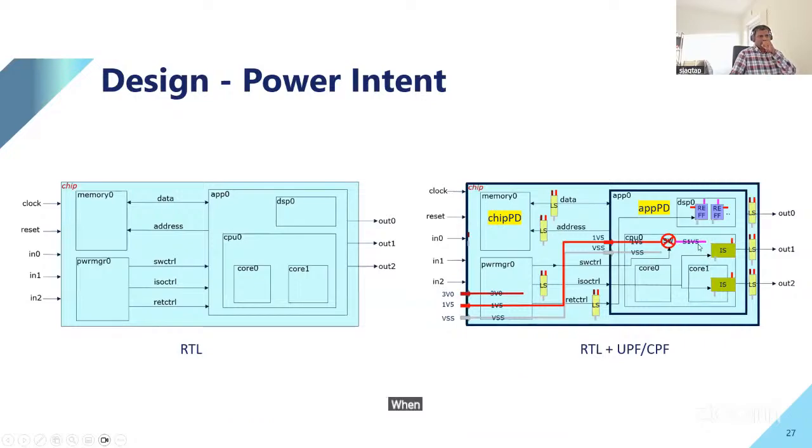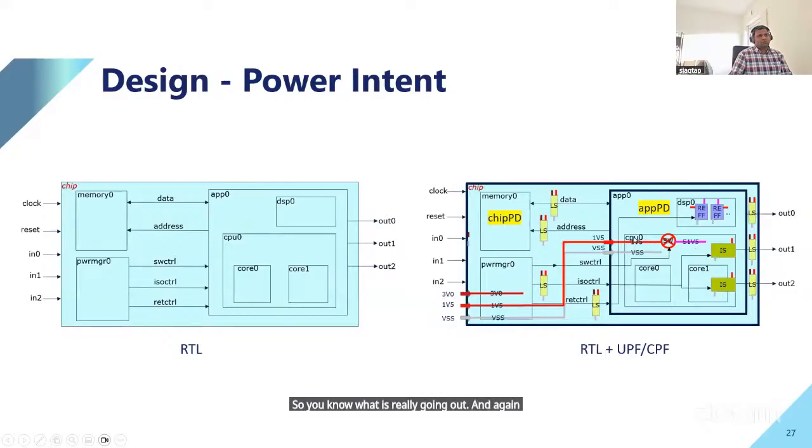When your CPU is not turned on, these isolation cells kick in, and the isolation cells are powered by this red color wire, which is an always on wire. Whenever the domain is off, this red always on wire will still hold the isolation values, so you know what is really going out.